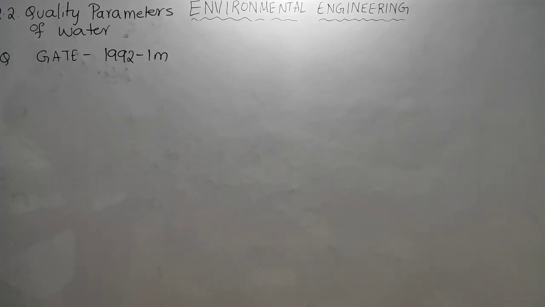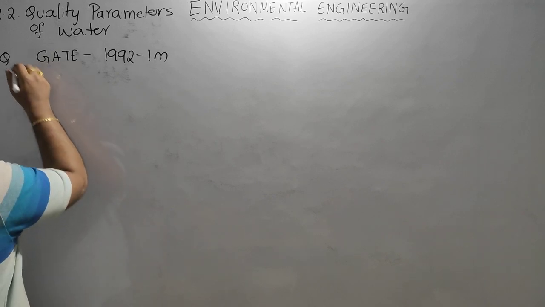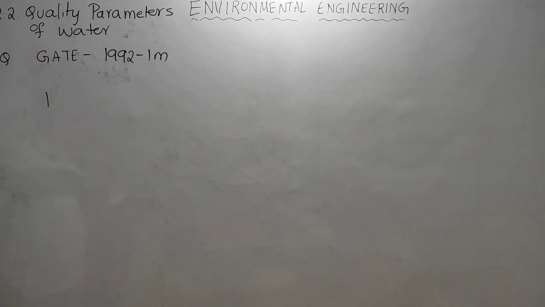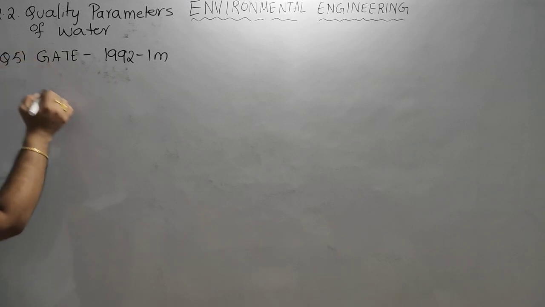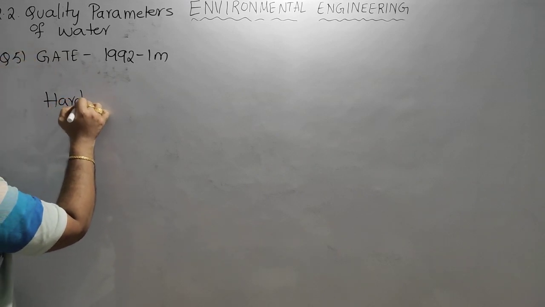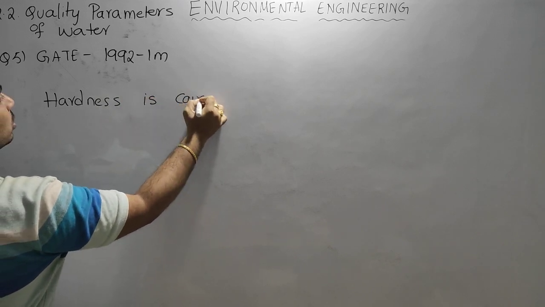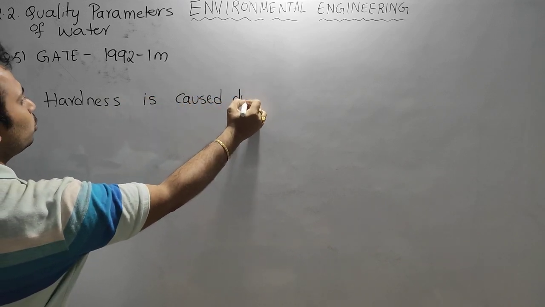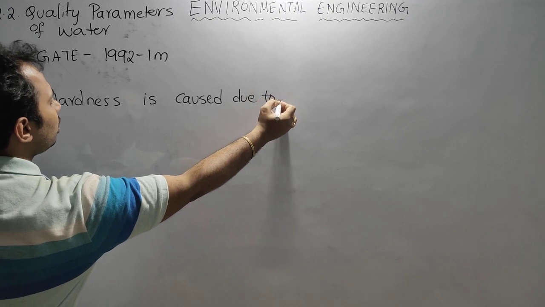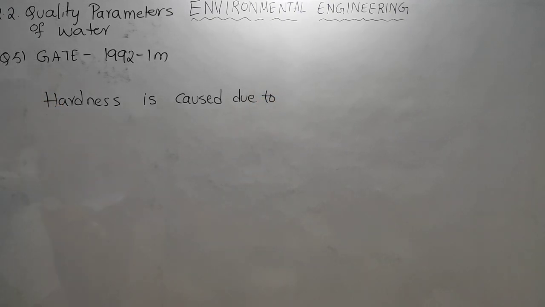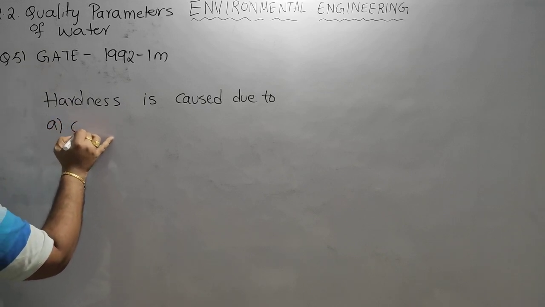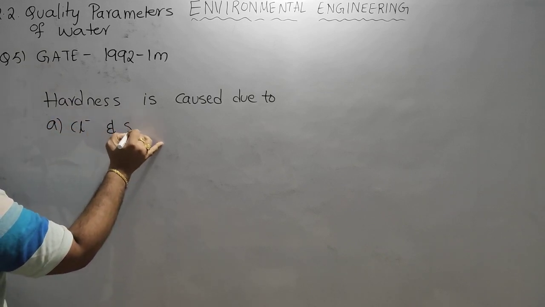Hardness of water is caused by the presence of which of the following in water? So hardness, question number 5, is caused due to... See, the options are like this. A is chlorides and sulfates.